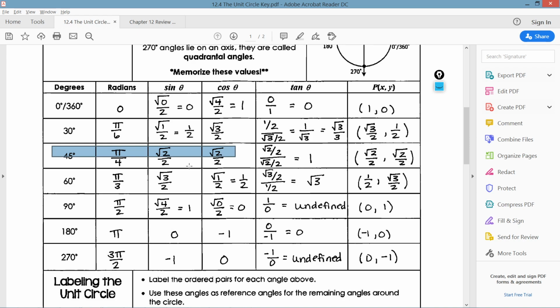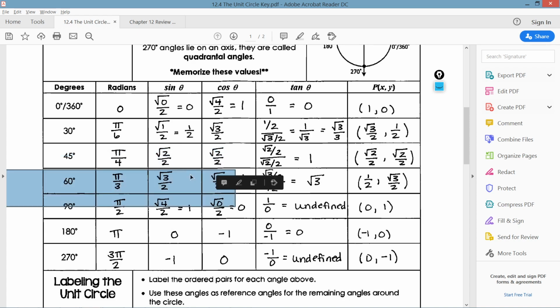Did I have to remember anything? No. Nothing. Well, the Pythagorean theorem, but if you don't know the Pythagorean theorem by now, that's not good. And then tangent, what's tangent? It's sine divided by cosine. Well, sine is root 2 over 2, and cosine is root 2 over 2, so it's anything divided by itself. It's 1. So the tangent is just 1.